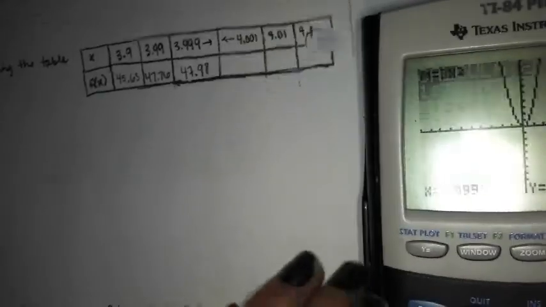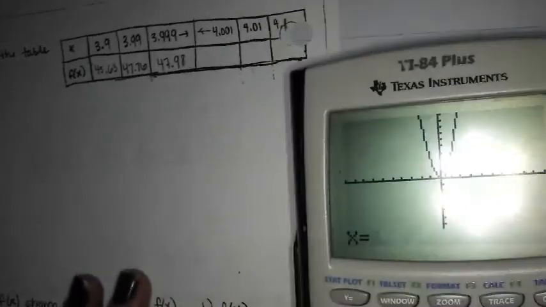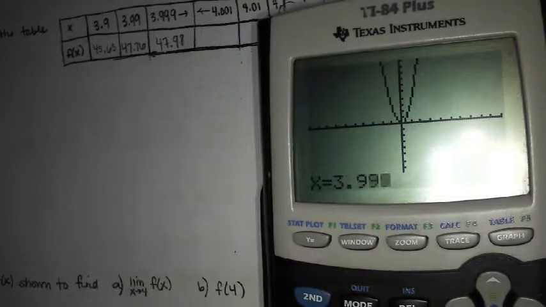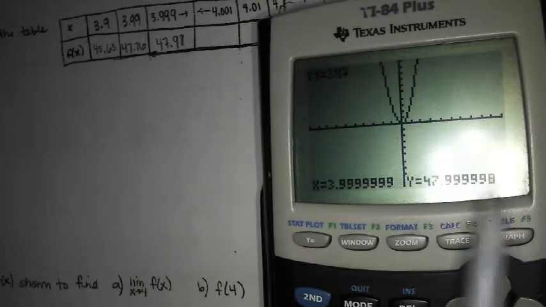So when you're coming from the left, what does it seem to be approaching? What'd you say? 48. You know, you really could do like second trace, and I'll do this a lot, value, and I'll plug in 3.9999999 and look at your output, 47.999. It kind of sheds light on what it's getting closer and closer to.